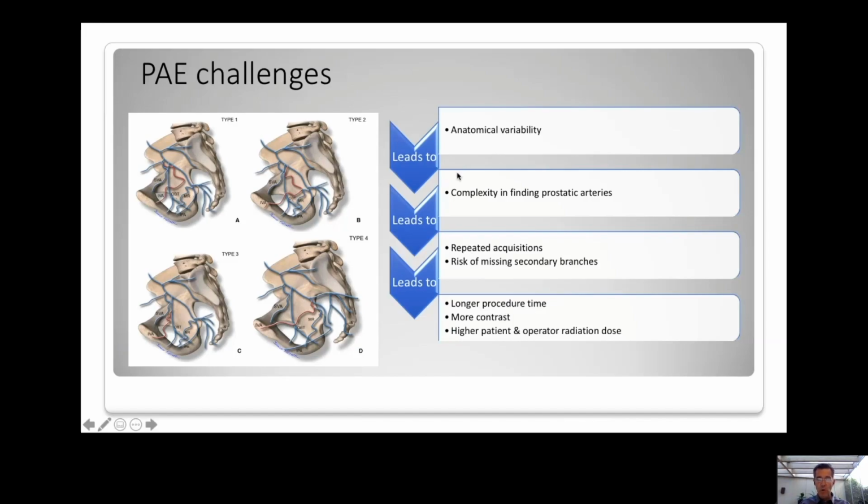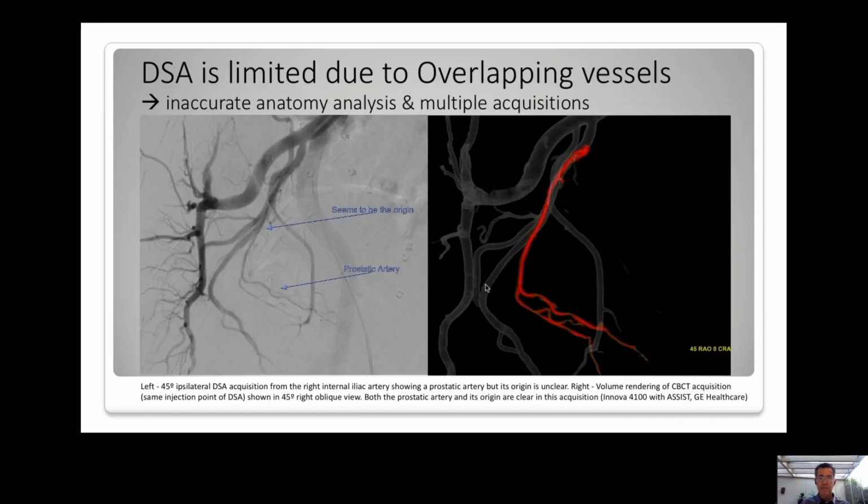This can lead to longer procedures, more injected contrast medium, and increased radiation dose, both for operators and for patients. So it is really important to understand all this pelvic anatomy and all the tools that we have to facilitate it and to get better images and a better result.